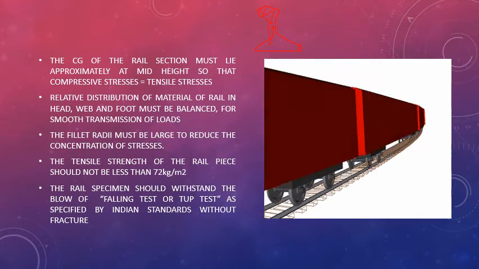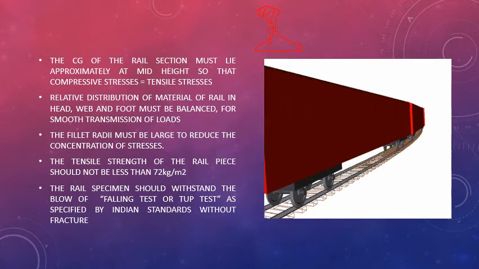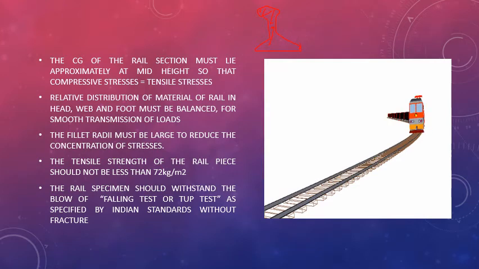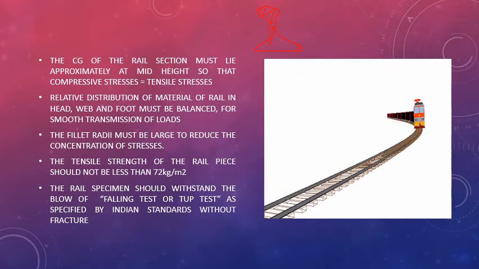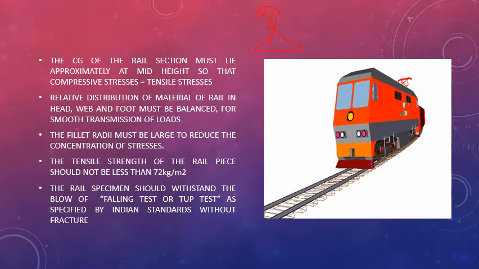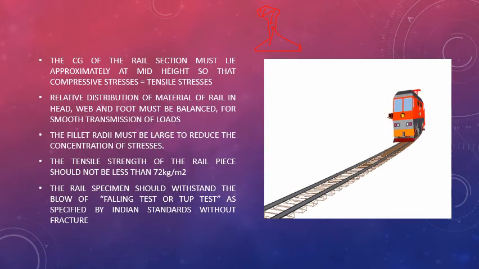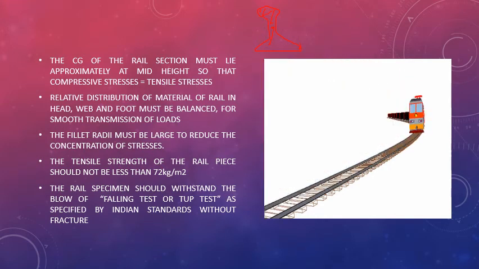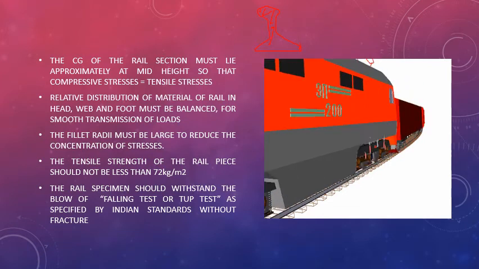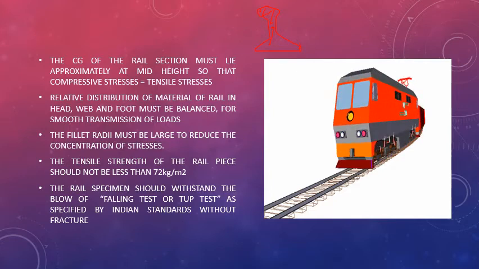All these points should be kept in mind while selecting an I section as a rail. The rail specimen should withstand the blow of falling test or tup test as specified by Indian standards without any fracture. So it should satisfy these tests. Then only we can approve that I section as a rail section.